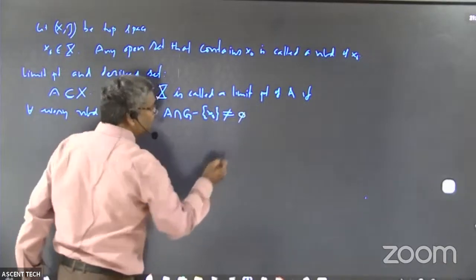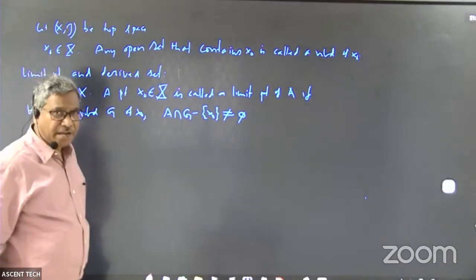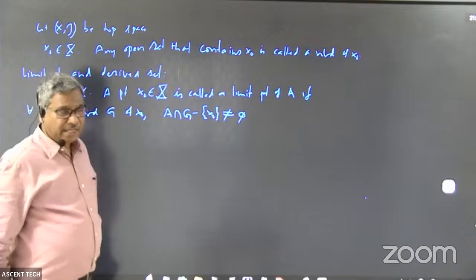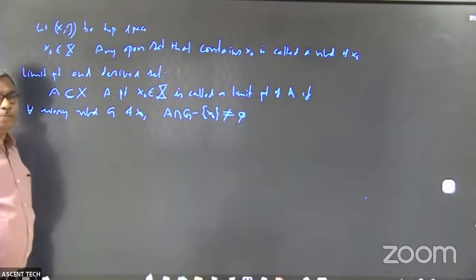Aha, that means G should contain, other than x naught, at least one element of A. That's when you call x naught a limiting point or the limit point of A.